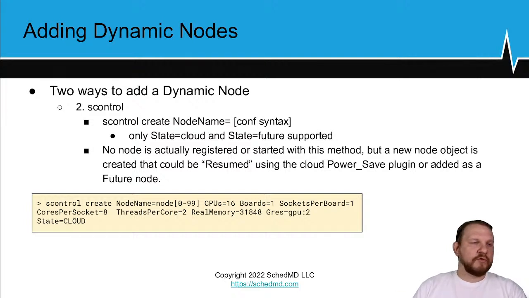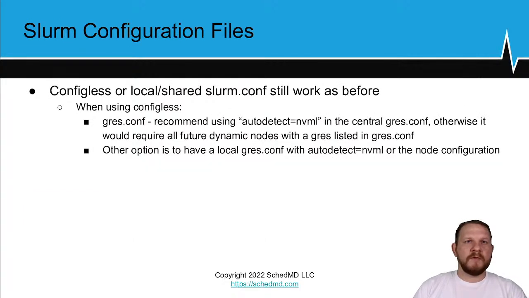You can do the scontrol create NodeName and add these further cloud definitions through that method. And here's an example of what that looks like. But just like the dynamic registration, Slurm in all this is not creating the nodes for you. You have to have some service or some method that's going to be doing these two methods of adding the dynamic nodes.